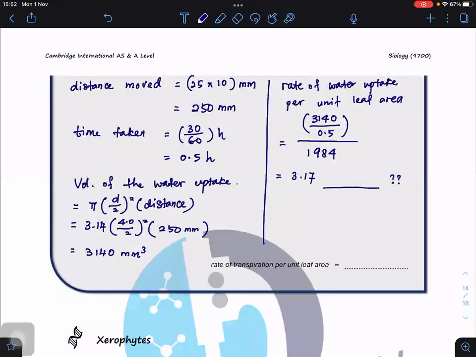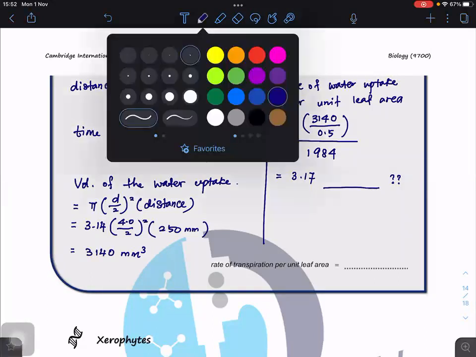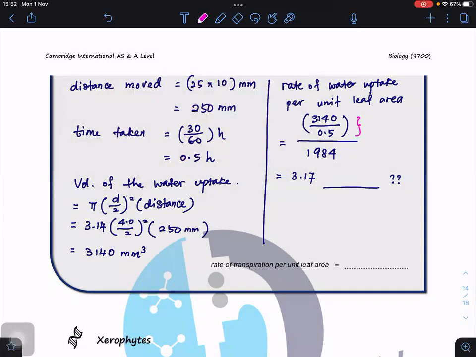Can you guys suggest a unit for me? The rate of water uptake per unit leaf area. Why did I divide by 0.5? Because this is the rate of water uptake by the plant, and this one is the surface area of the leaf.